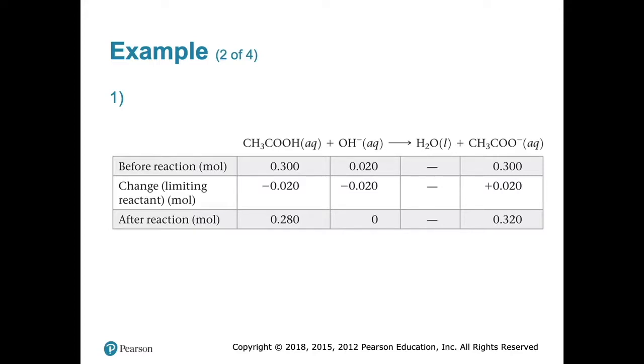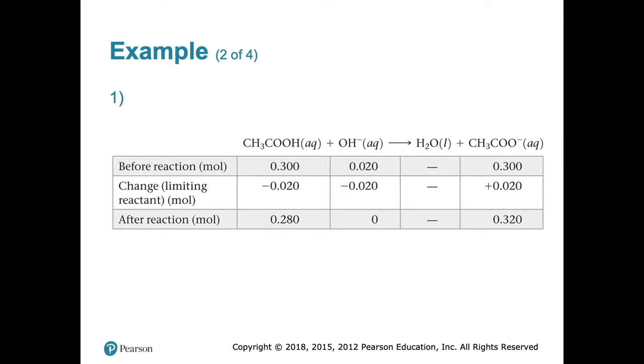The acetate ion. That's why on this side you get 0.02 moles more of the acetate ion. These 0.02 moles of acetate ion came from the fact that the 0.02 moles of hydroxide pulled off 0.02 moles of protons from the acetic acid, okay?